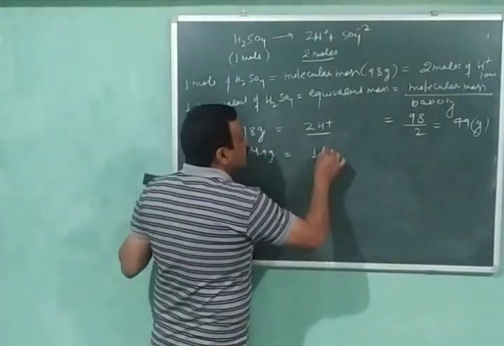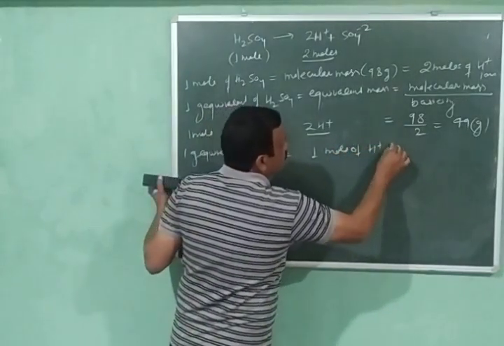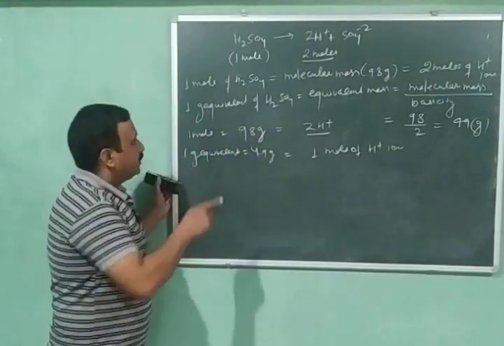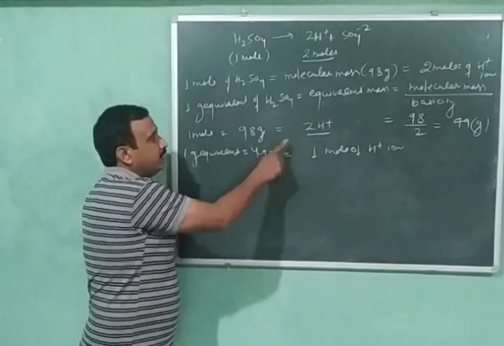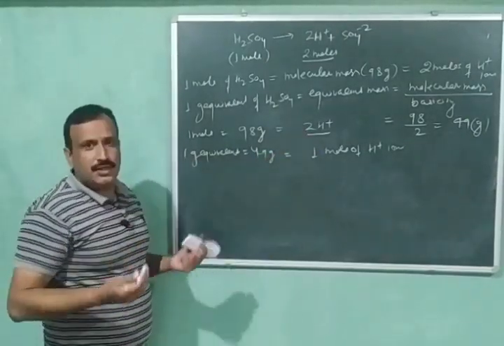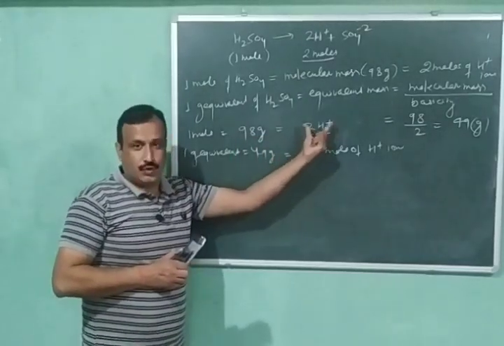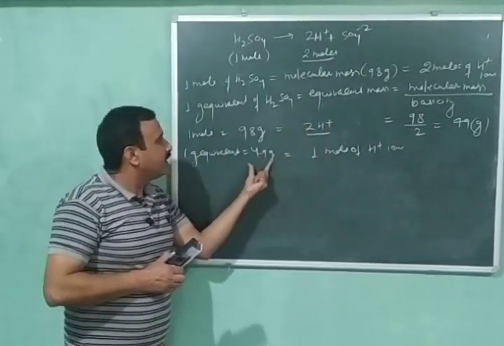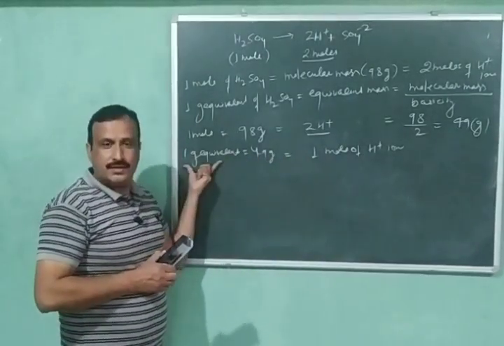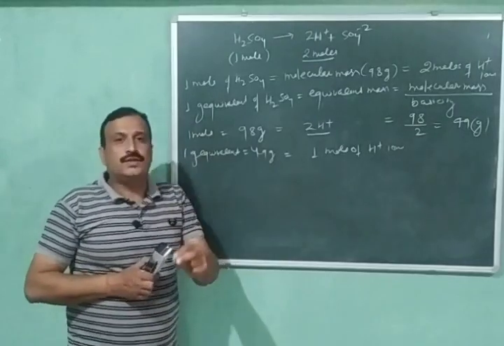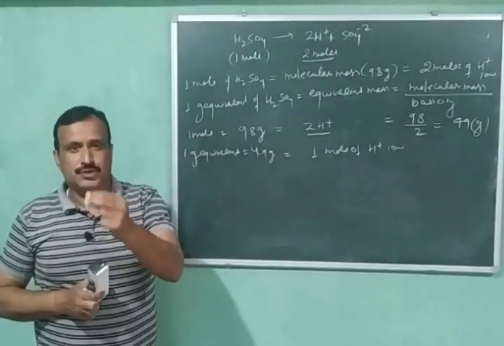It will give us 1 mole of H positive ion. You can see, divide this equation by 2. After dividing it by 2, we will have 49, and here we will have 1. It can be easily understood that if 98 gram is giving us 2 moles of H positive ion, then 49 gram will give us 1 mole of H positive ion. And what is 49 gram? It is 1 gram equivalent. So 1 gram equivalent of an acid always gives us 1 mole of H positive ion.